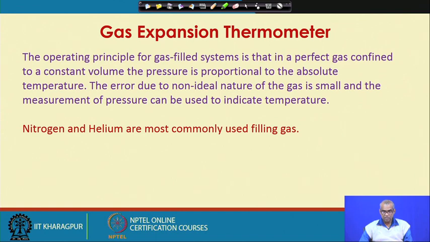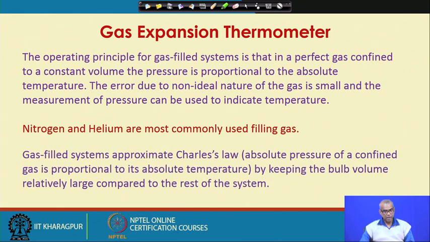The error due to non-ideal nature of the gas is small, and the measurement of pressure can be used to indicate temperature. Nitrogen and helium are the most commonly used filling gases. Gas filled systems approximate Charles's law. Absolute pressure of a confined gas is proportional to its absolute temperature by keeping the bulb volume relatively large compared to the rest of the system.